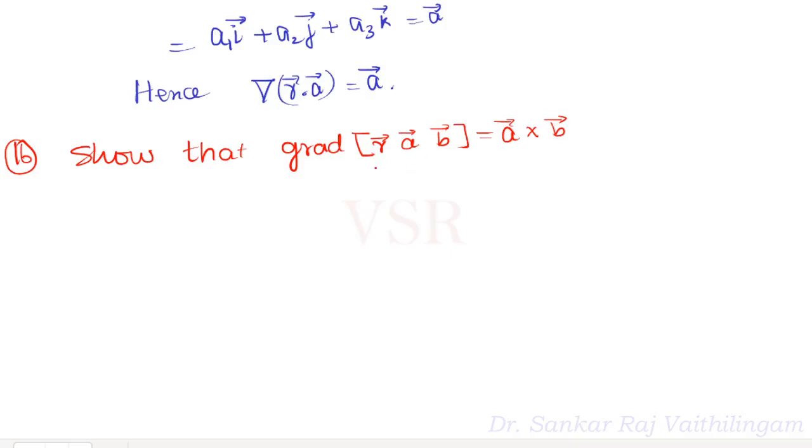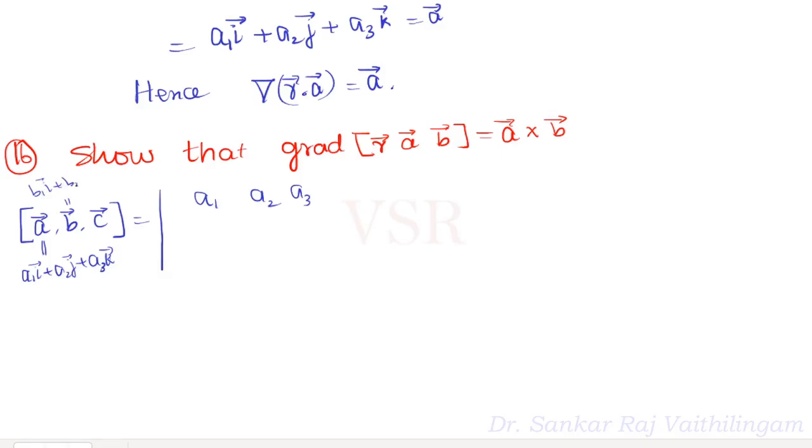Let us recall the triple product. Suppose we have a vector, b vector and c vector, where a vector is A1 i vector plus A2 j vector plus A3 k vector, b vector is B1 i vector plus B2 j vector plus B3 k vector, and c vector is C1 i vector plus C2 j vector plus C3 k vector.